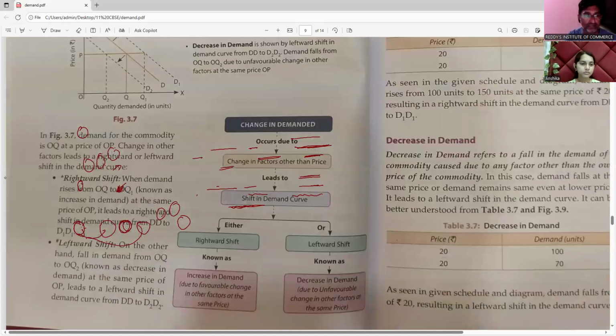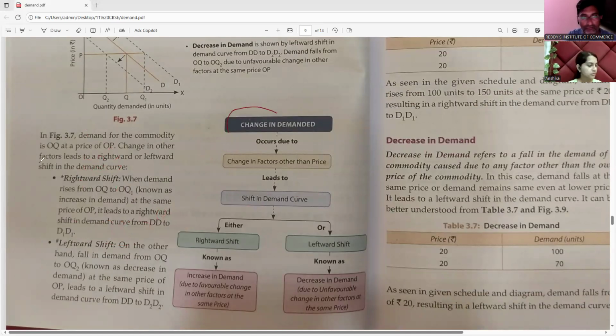So now let's understand with the help of a diagram. Here is change in demand curve. Change in demand curve occurs due to change in factors other than price. It leads to a shift in the demand curve. Either your demand curve will shift rightward or leftward.